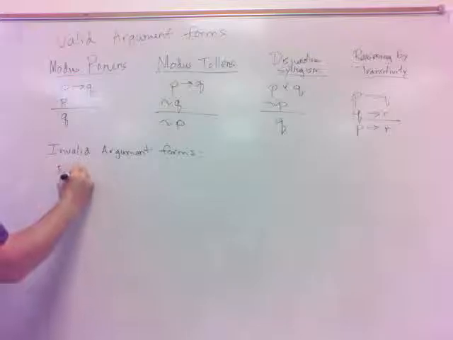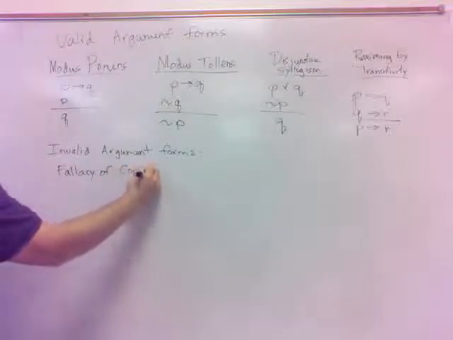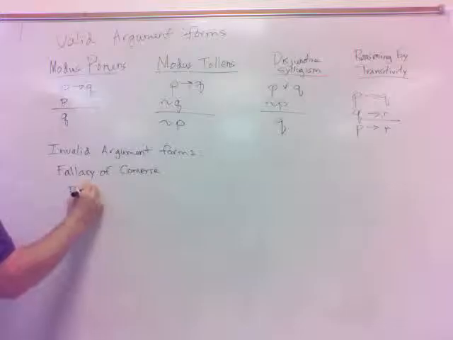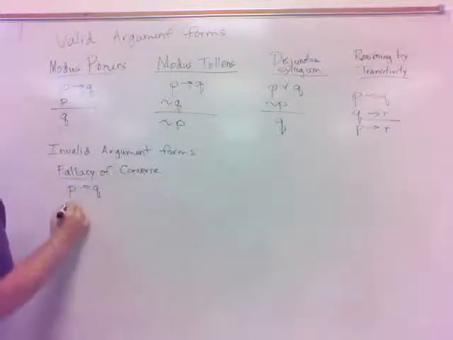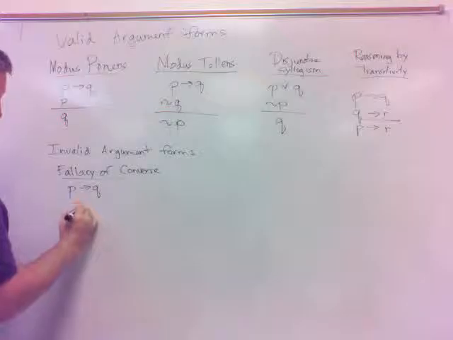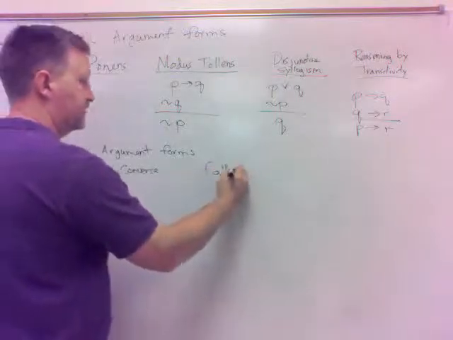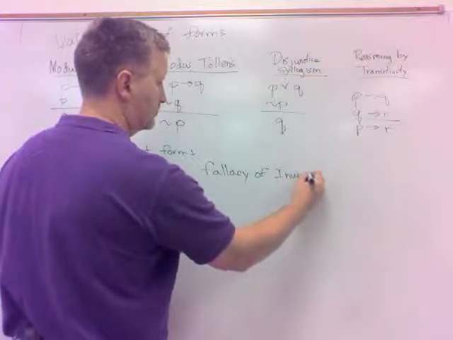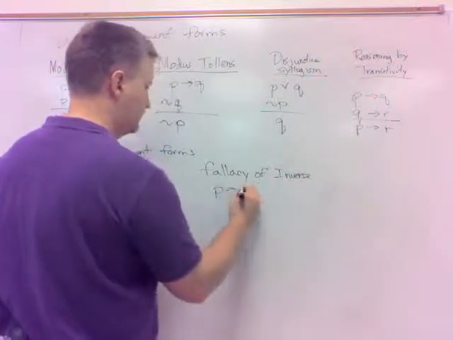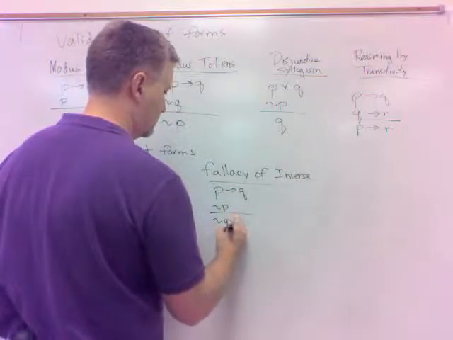Fallacy of the converse. And it's P arrow Q, Q, therefore P. And then the second one is fallacy of the inverse. And it's P arrow Q, not P, therefore not Q.